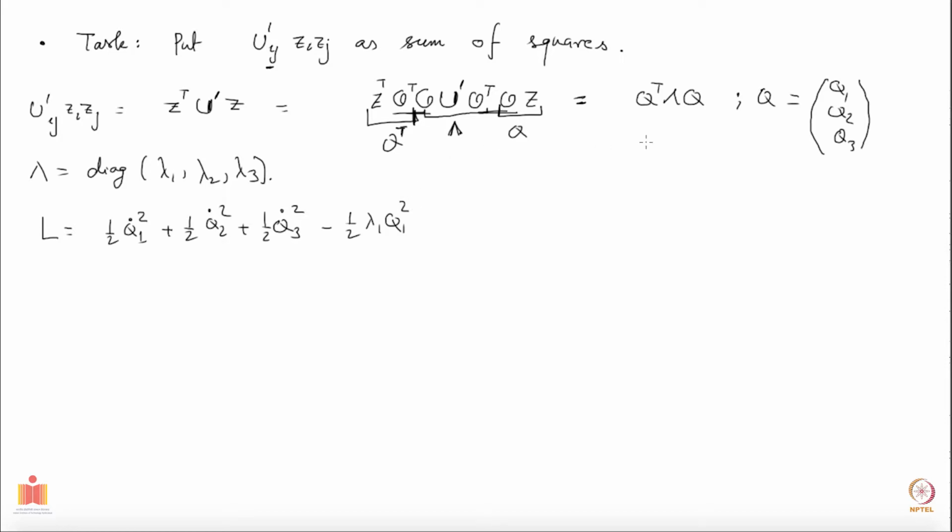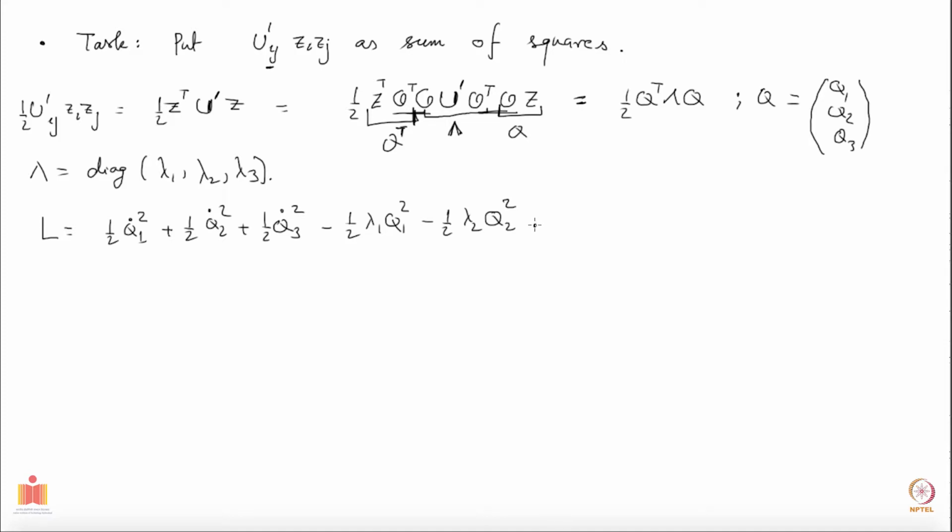There was a half already, which I have not written here. If you write it in components, it will be q1 lambda 1 q1 plus q2 lambda 2 q2 and so forth, which is what is giving us these terms, minus half lambda 2 q2 square, and then you have the lambda 3 term, and lambda 3 is 0, so I'm not going to write this.